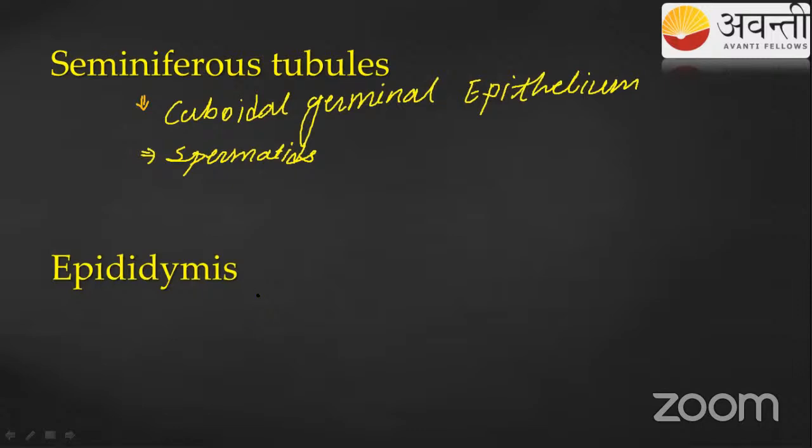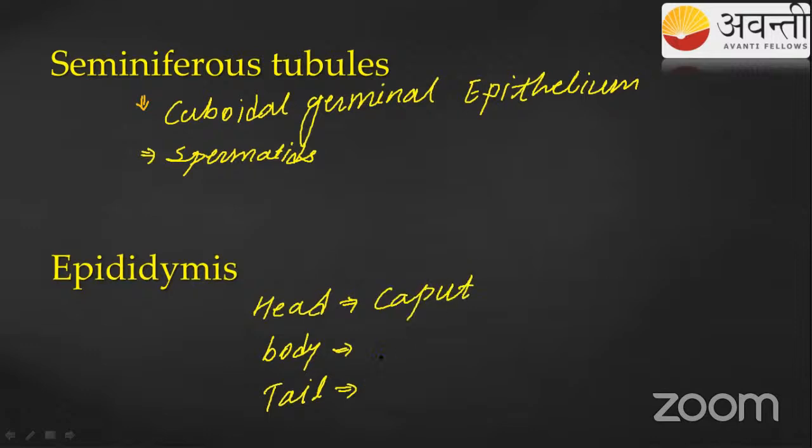About the epididymis, we discussed the three parts of the epididymis: the head, the body, and the tail. What do we call the head? That is the caput epididymis. I am right here, that is the caput epididymis. The body is known as the corpus epididymis, and the tail is known as the cauda.